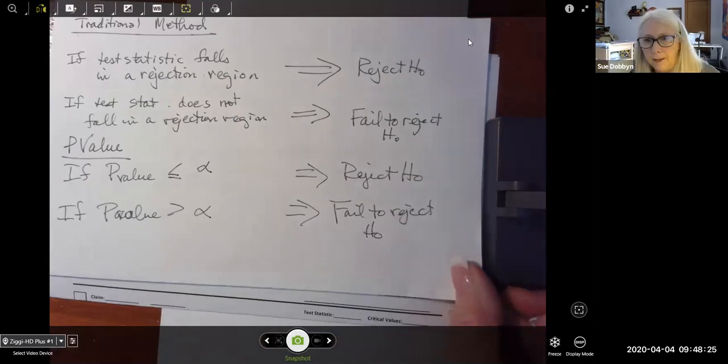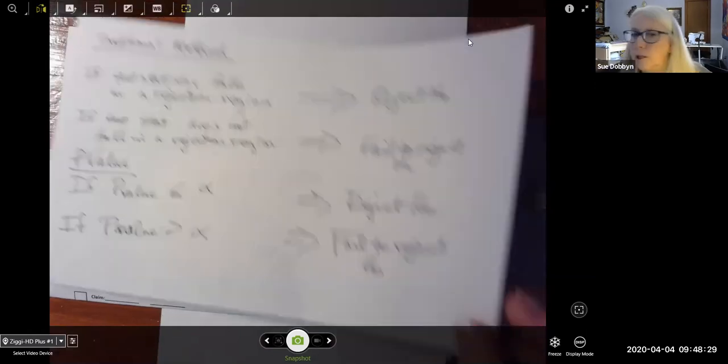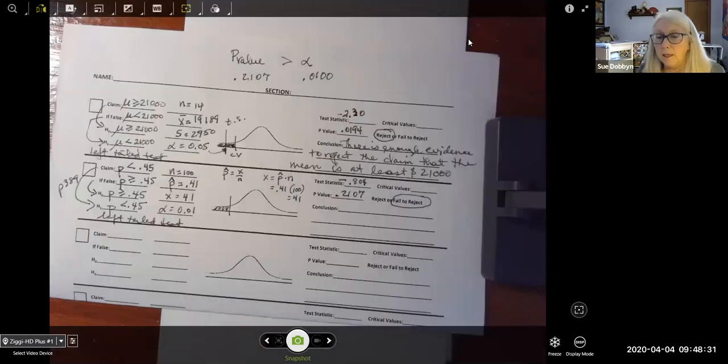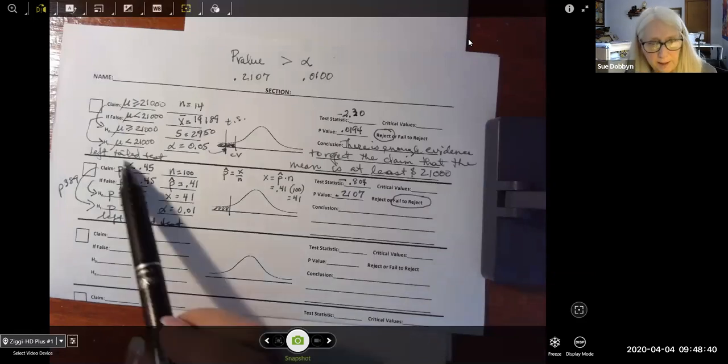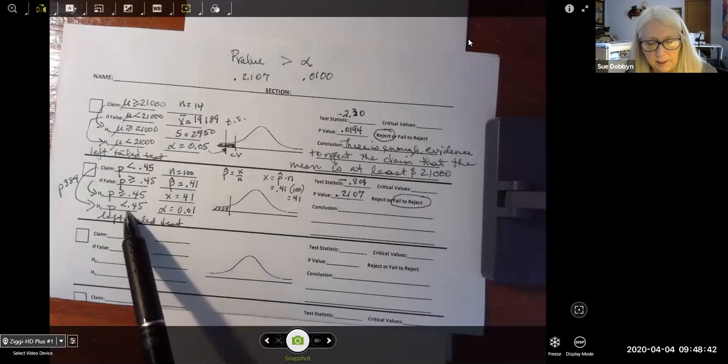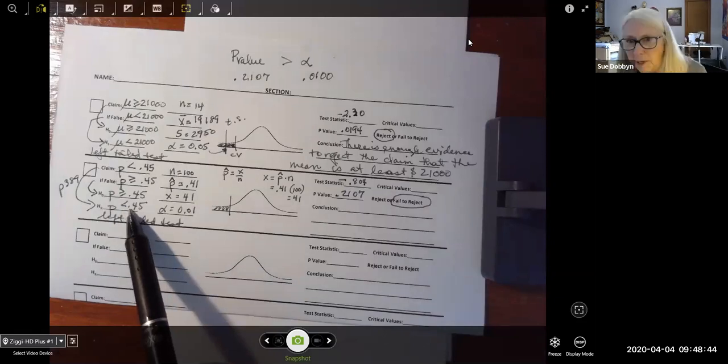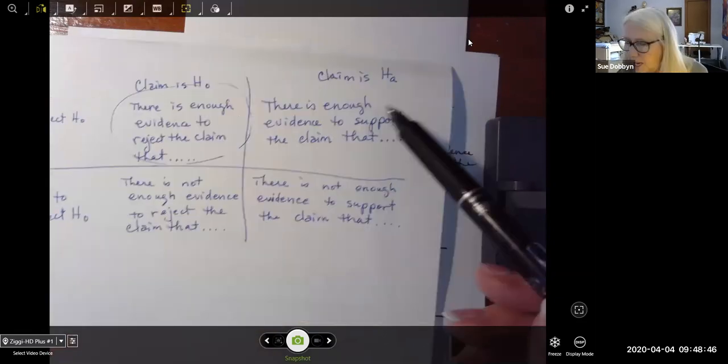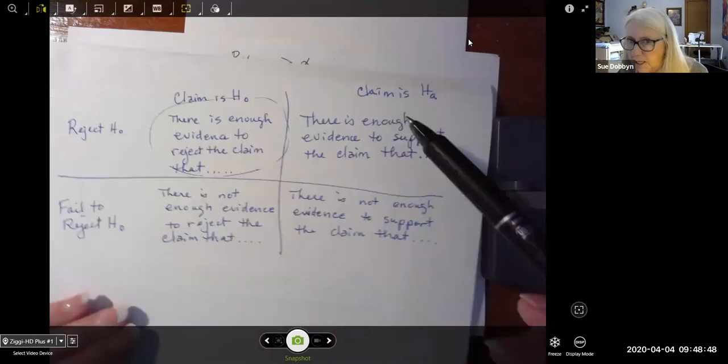So the last thing we need to do is write the conclusion statement. And to write the conclusion statement, again, we have to know what the claim became. In this case, the claim became the alternative hypothesis. That means that in our statement table, we're using this column.